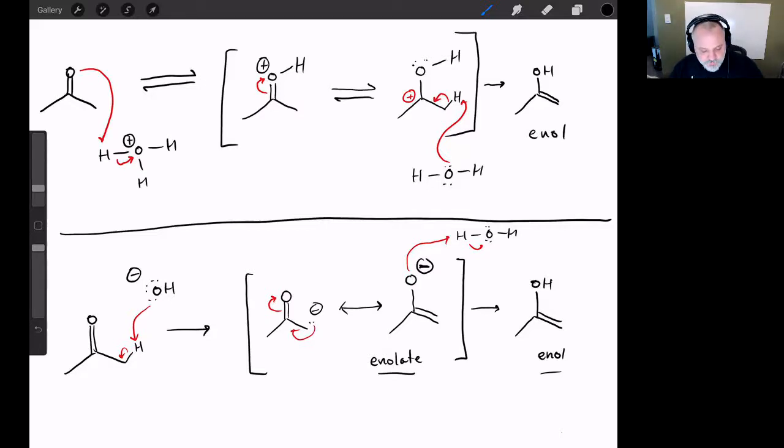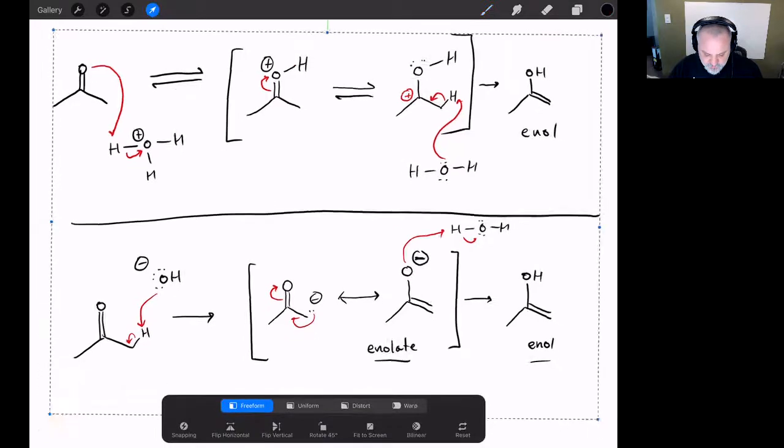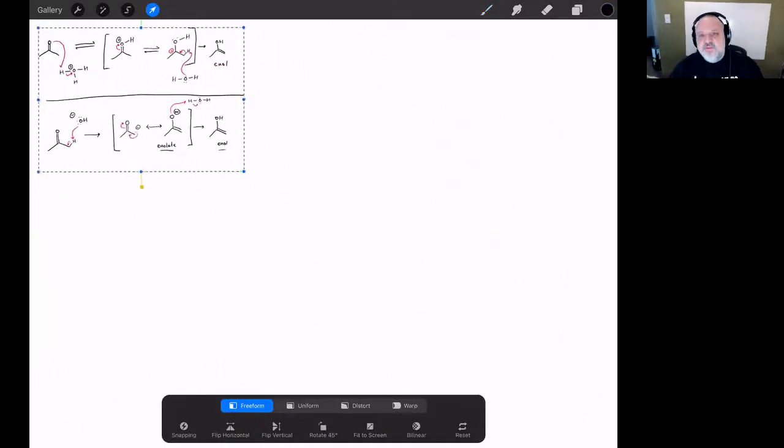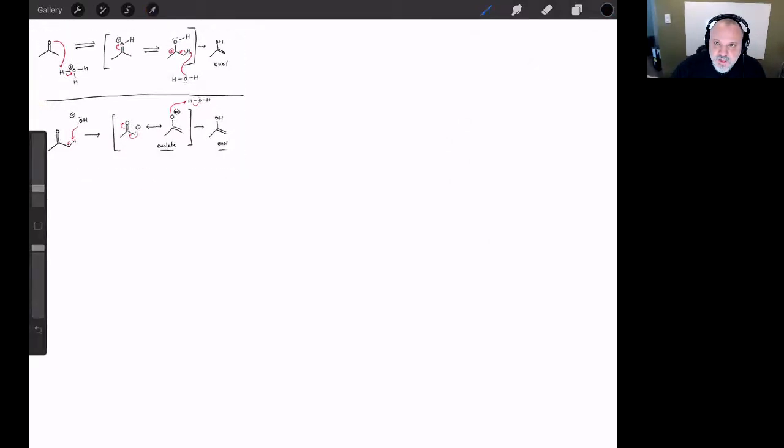When we talk about alpha carbon chemistry, there's a couple of ways that we can show it. First of all, if I'm looking at an enolate, let's go back and take a look at this enolate.